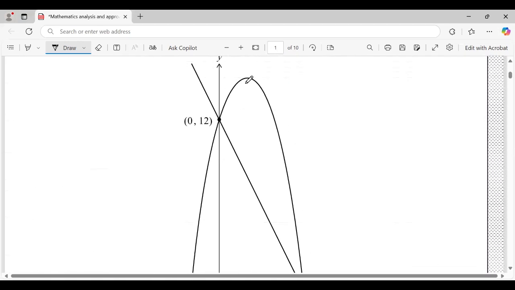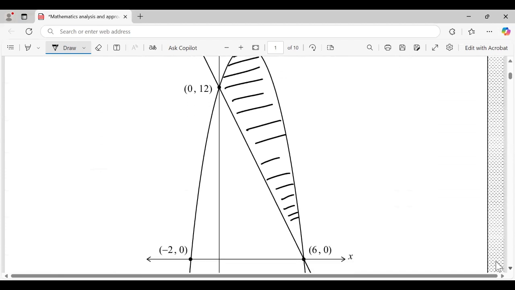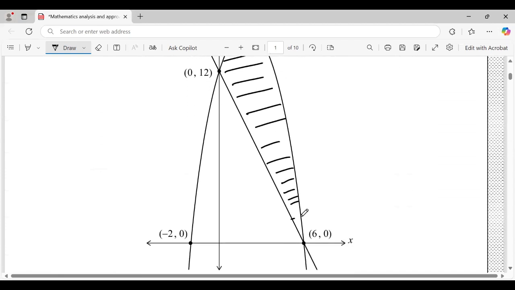Also this area, we are going to determine this area on the x-axis, the interval from 0 to 6.